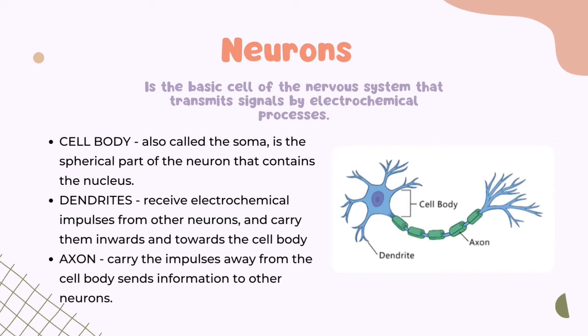Next we have here the dendrites. Dendrites receive electrochemical impulses from other neurons and carry them inward toward the cell body.